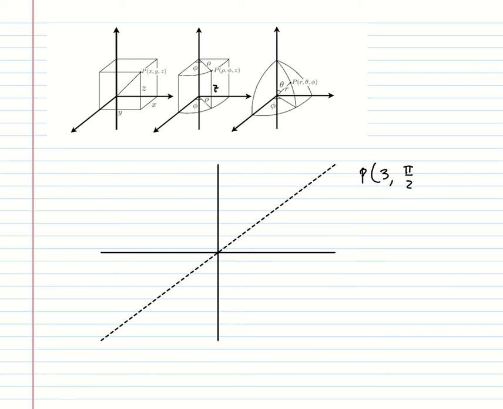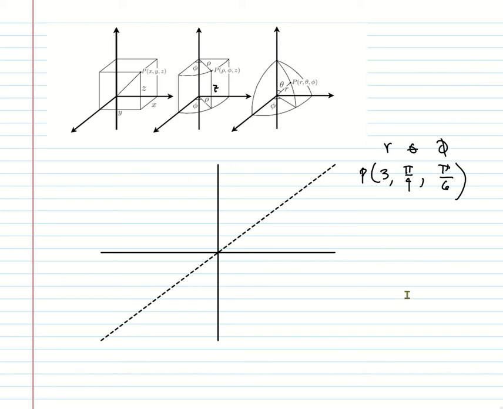Pi over 2 is just 90 degrees. Or let's just make it less than 90 degrees, pi over 4. Then for phi, we have pi over 6. So this is our R, this is our theta, and this is our phi.